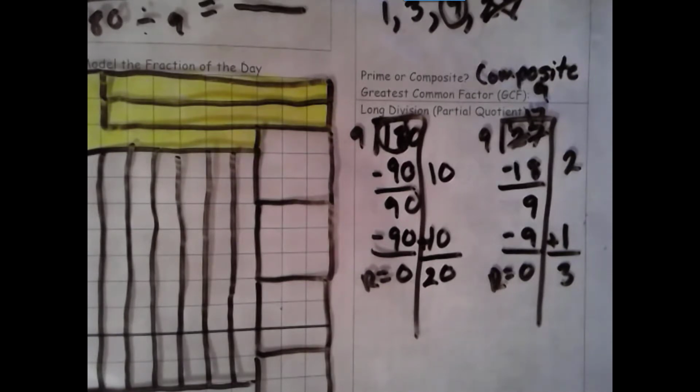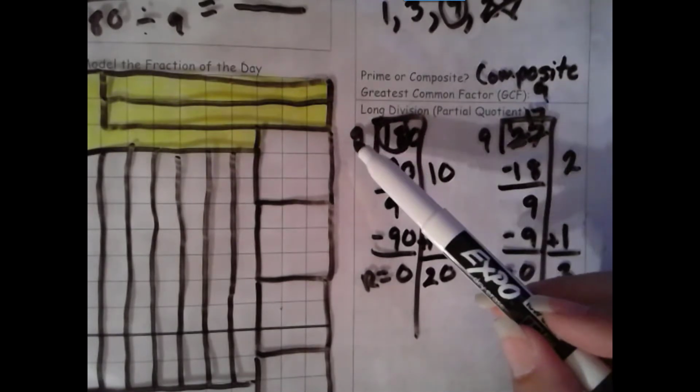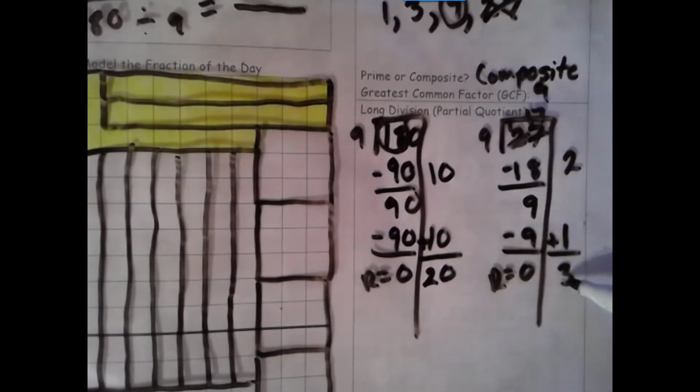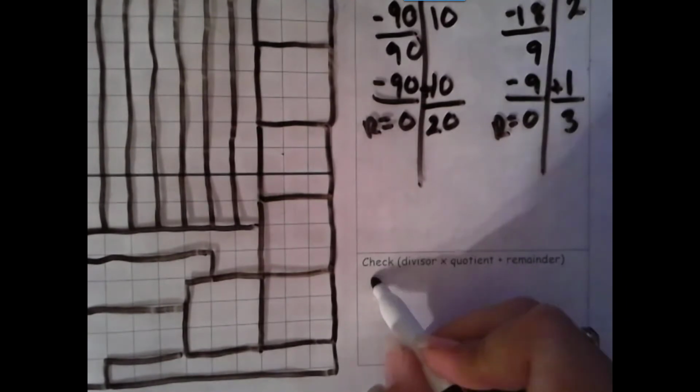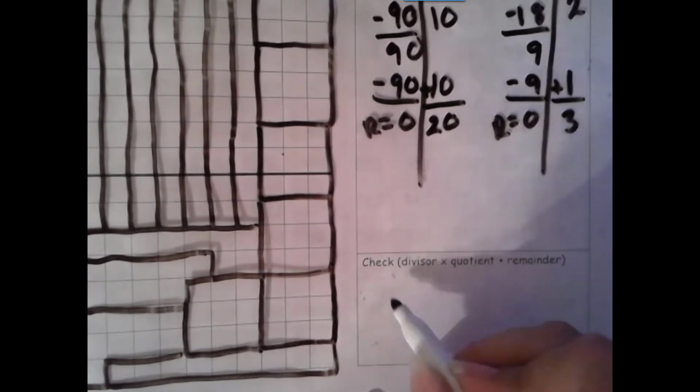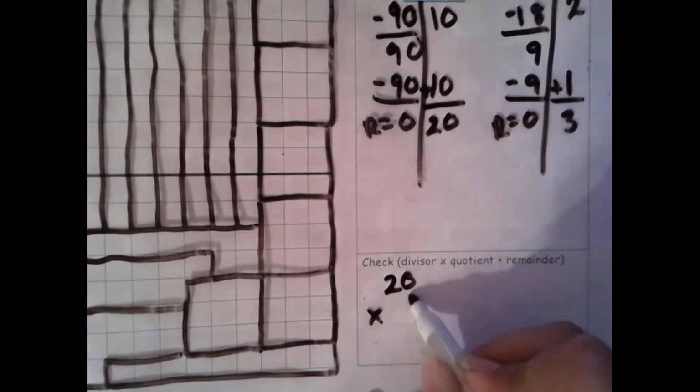Now I need to check my answer with my inverse operation. Divisor times quotient plus remainder. Now on both of these, my remainder is 0. And the identity property of addition says when you add 0, it just stays the same.